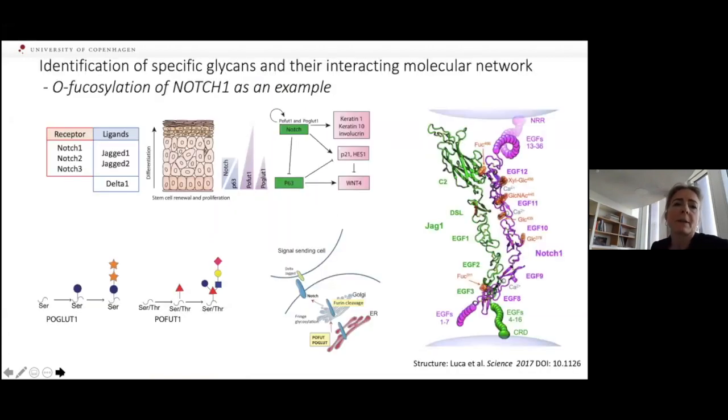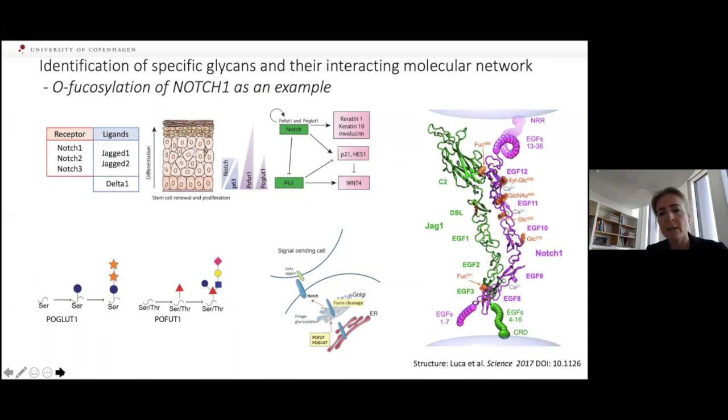To start with something that many of you probably know, the Notch pathway. Notch is O-glycosylated, and its ligands, Jagged and Delta, are also glycosylated by two enzymes called POGLUT and POFUT.